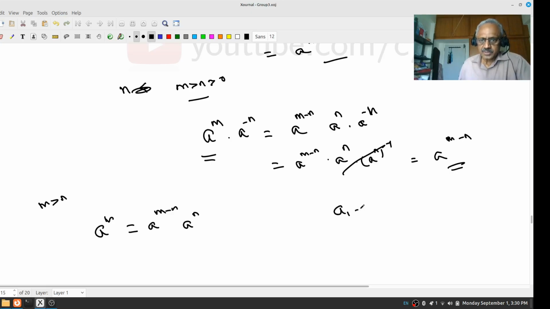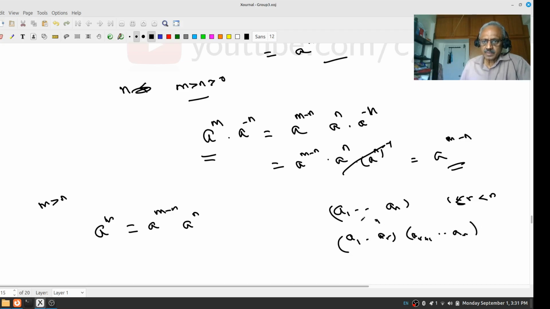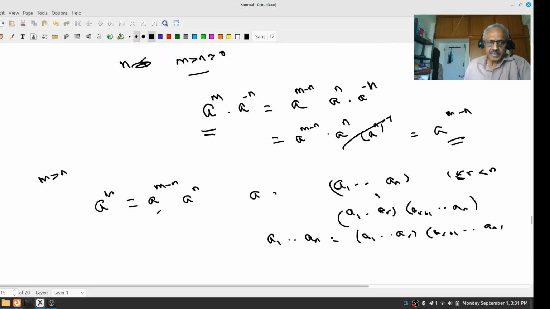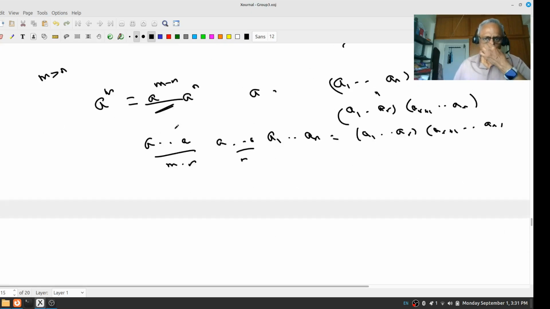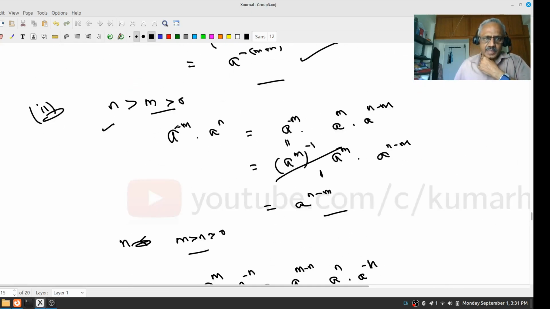Our general associative law said if a1 to an, and if 1 is less than r less than n, then this will be a1 to ar into ar plus 1 to an, whatever we define. a1 to an I can break into a1 to ar and ar plus 1 to an. So this a to the power m, I can divide the same way, into m minus n times and n times. So that's what we wrote. Okay, I hope I covered this.